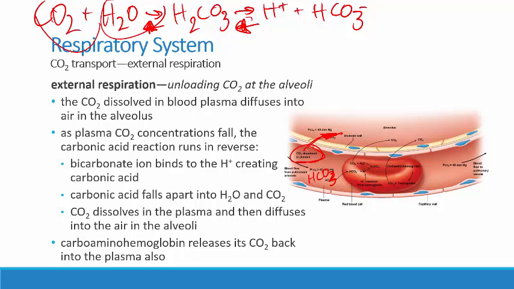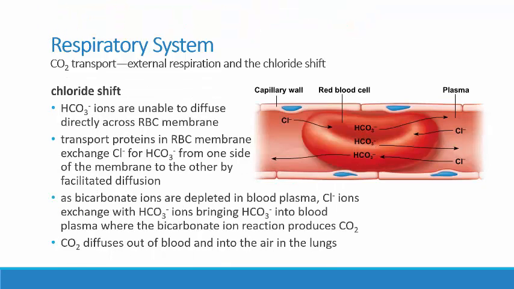But we've still got all that bicarbonate ion inside the red blood cell. How can we get that stuff out too? Great question, right? Here we can do something called the chloride shift. The chloride shift is made possible because in the membrane of the red blood cell are transport proteins.